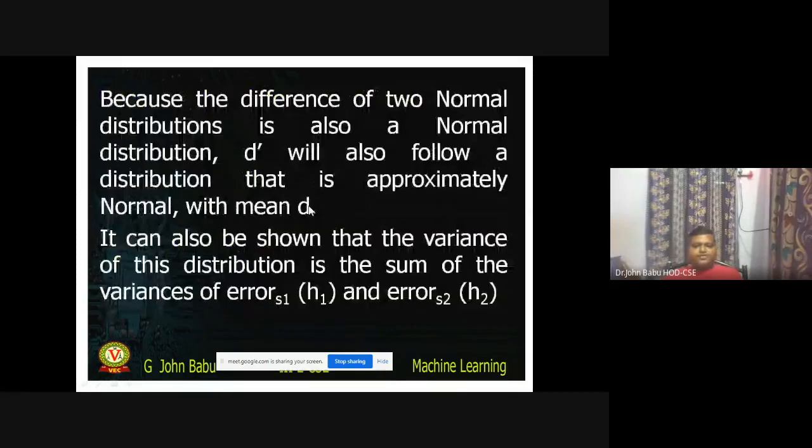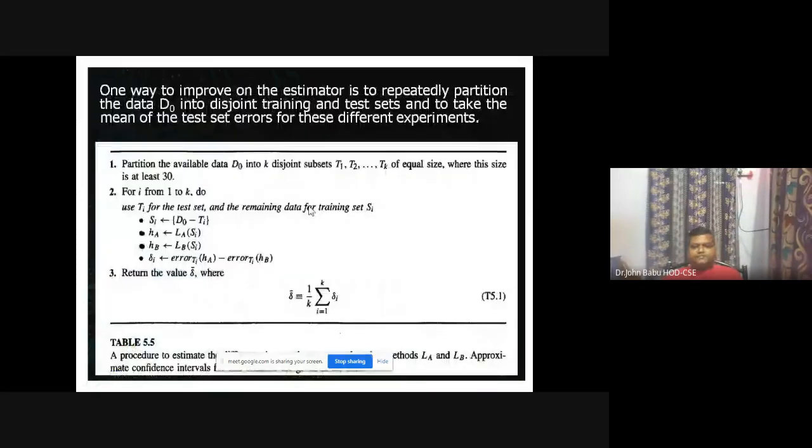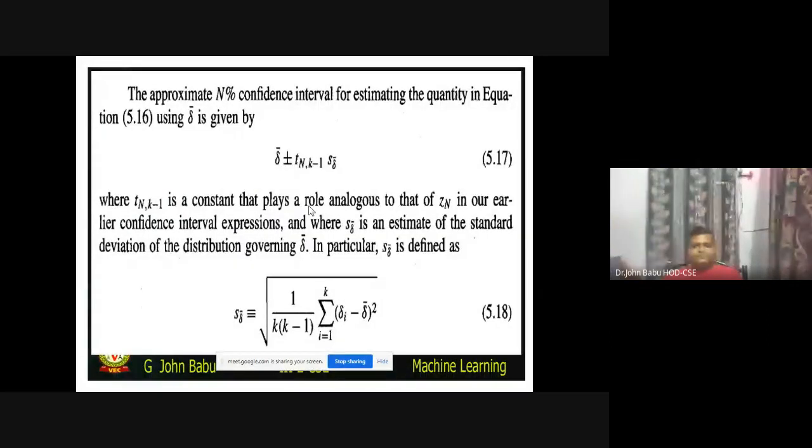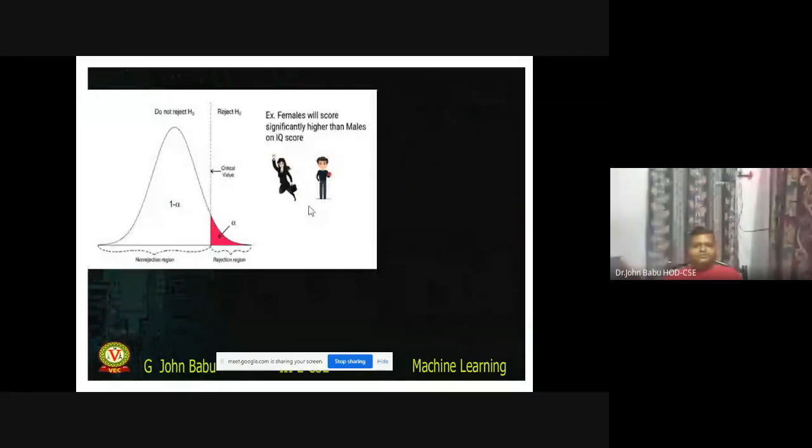So tomorrow we'll see what is the t-test. Then we will close this chapter and go to Bayesian learning. What I told earlier is this, this is the critical value alpha. If our hypothesis falls in this region, we will reject this hypothesis. This is 1 minus alpha.